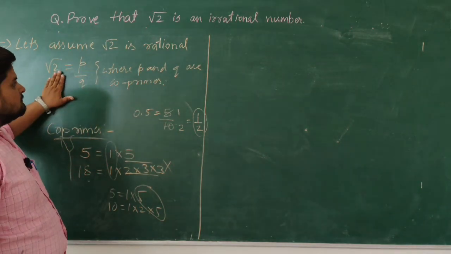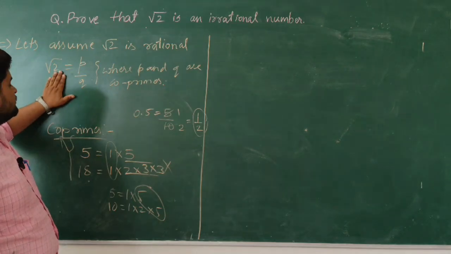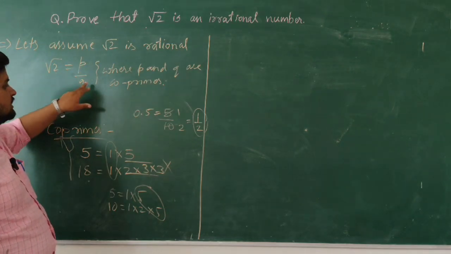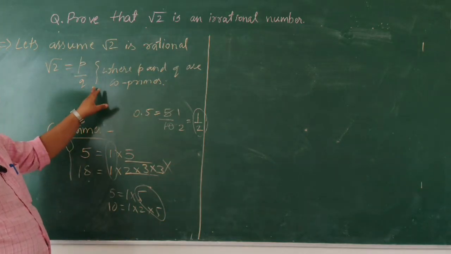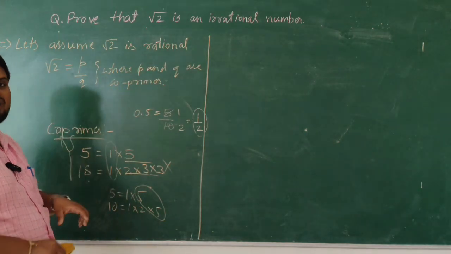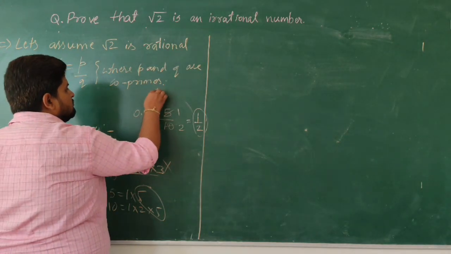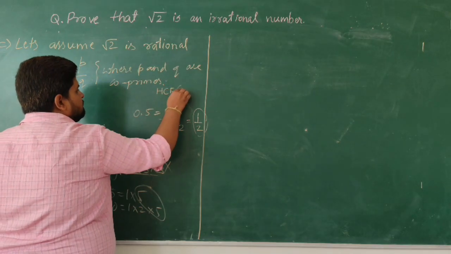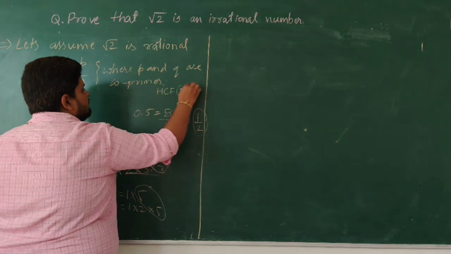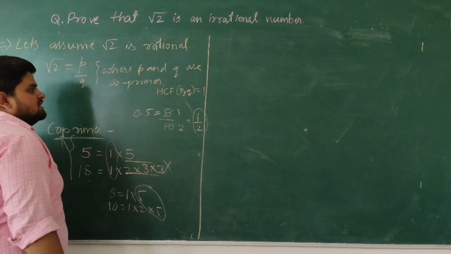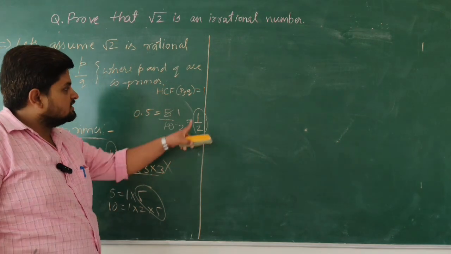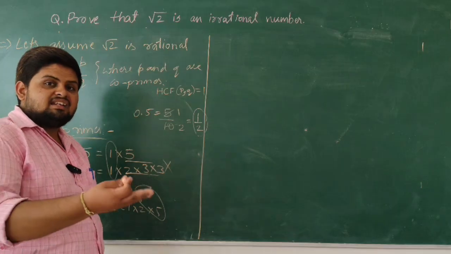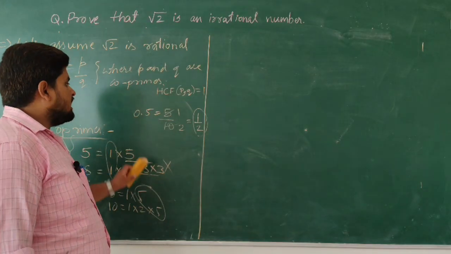So in this kind of problem, we are going to take root 2 in the form of p by q, where p and q are in the simplest form, that is, p and q are co-primes, or else you can also mention that the HCF of p and q is 1. That means they don't have any other common factor other than 1. 1 is the highest common factor they will have.